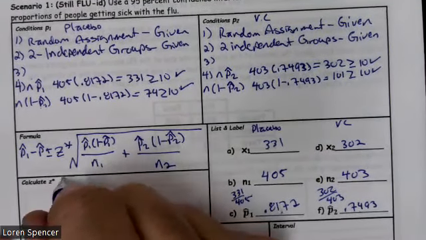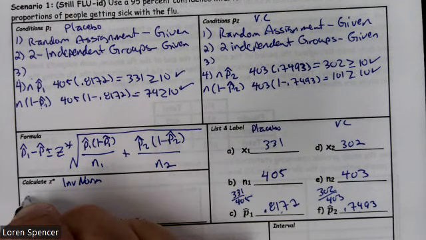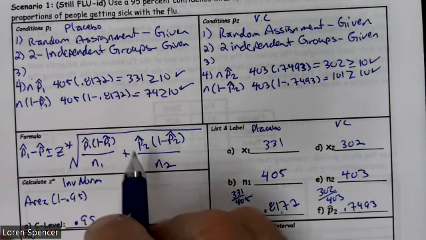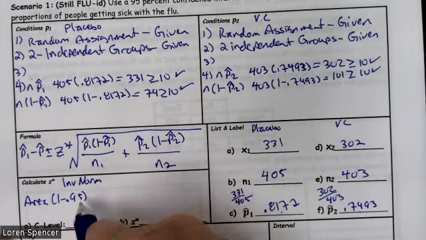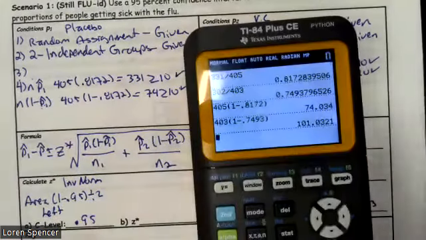So in this case, we're going to go inverse norm. And our area is 1 minus 0.95, as I said, run a 95% confidence interval, divided by 2. If your calculator does left, right, or center, it's just easier to go left.